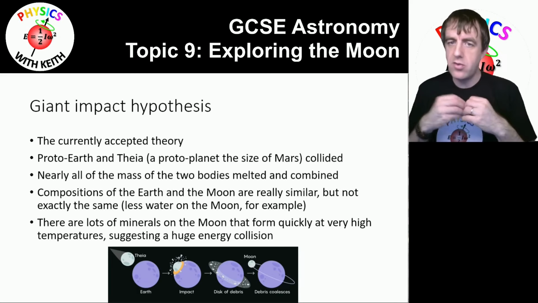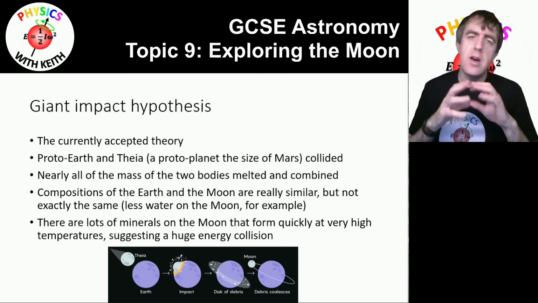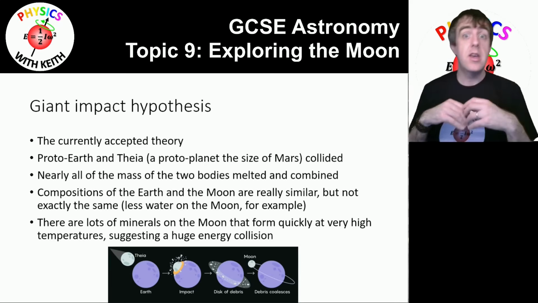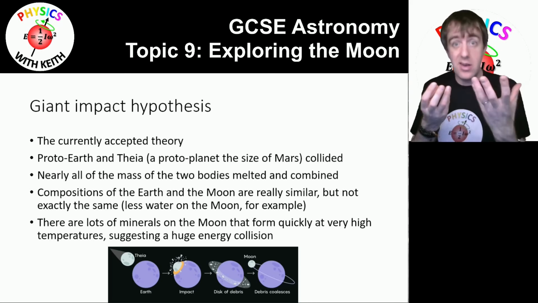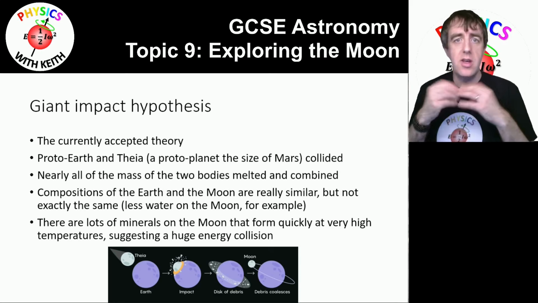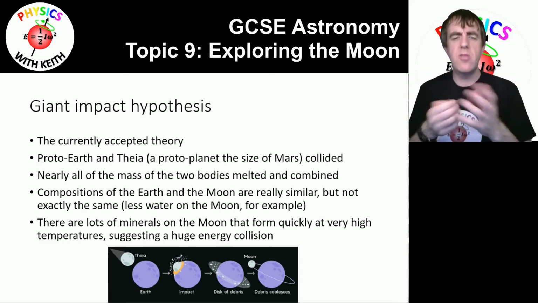There's also minerals on the Moon that cannot form unless you get really high temperature. I mean really high temperatures. Temperatures that you could get if a planet-sized object collided into an Earth-sized object. And you can't get those high temperatures in other sorts of situations. So where are those minerals on Earth?